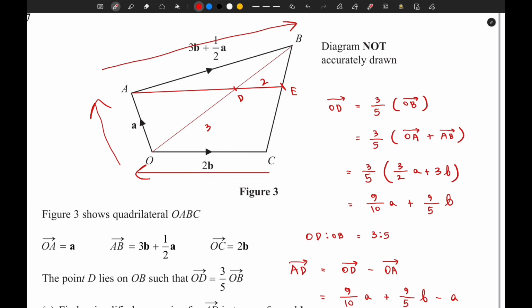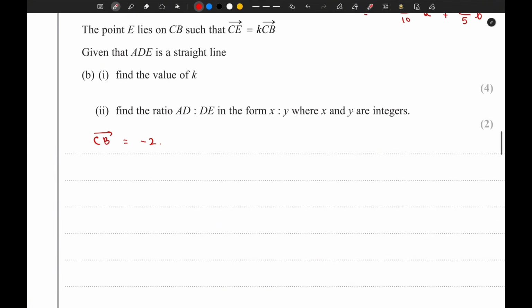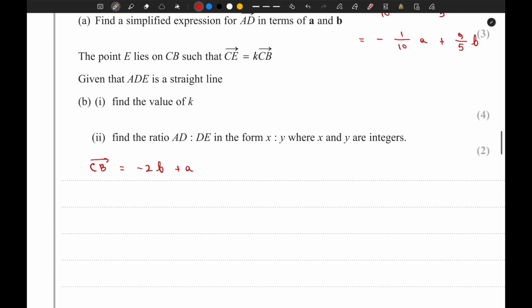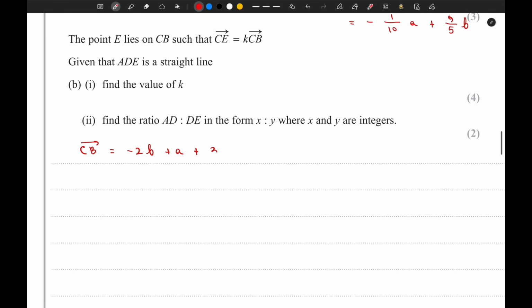That is the CO vector plus the OA vector plus the AB vector, and that way we'll get the CB vector. So that's minus 2b plus a plus 3b plus a over 2.